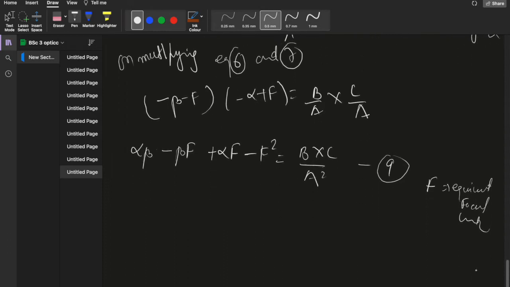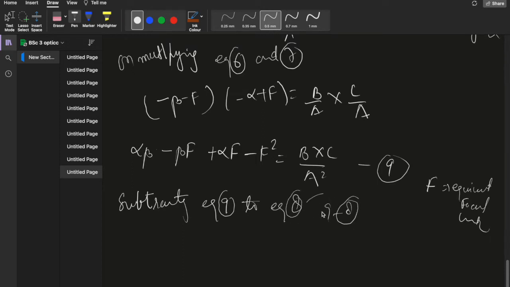So subtracting equation 9 minus 8. So 9 is our alpha beta minus beta capital F plus alpha capital F minus F square.